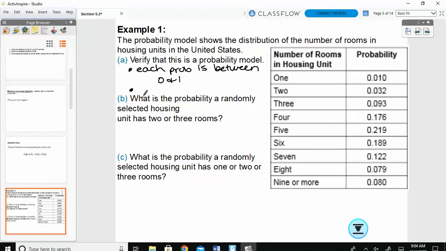Do we get 1 when we add them up? And I think they do. So the sum is 1 and each individual thing is between 0 and 1. So that's what makes it a probability model.